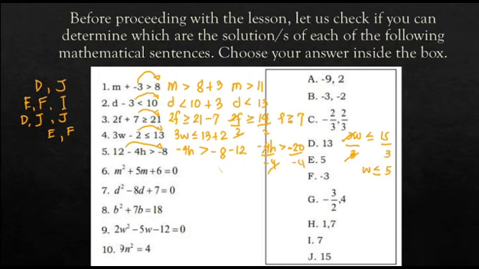Please take note in inequality, when we divide the inequality by a negative number, the symbol will become reversed. Okay, so if it is greater than, the final answer will become less than. So in this manner, we have h less than positive 5.